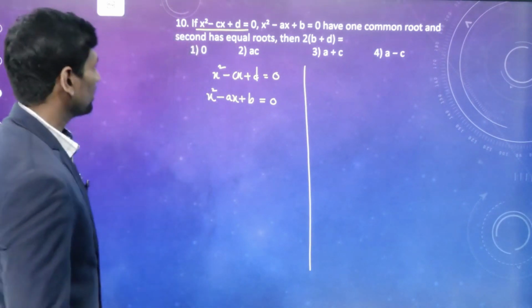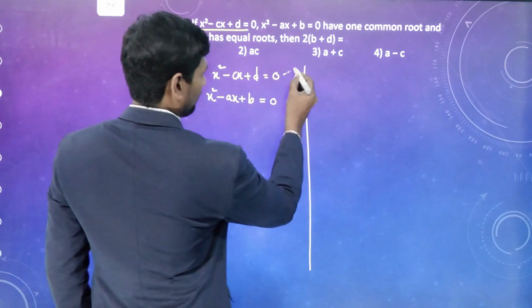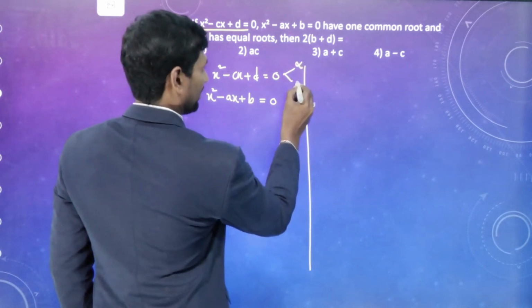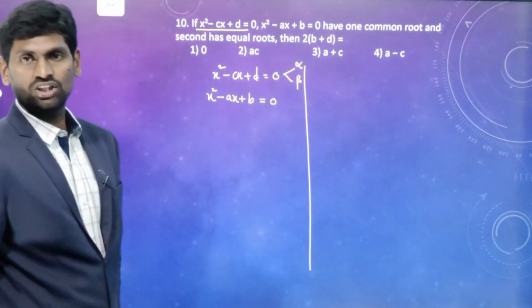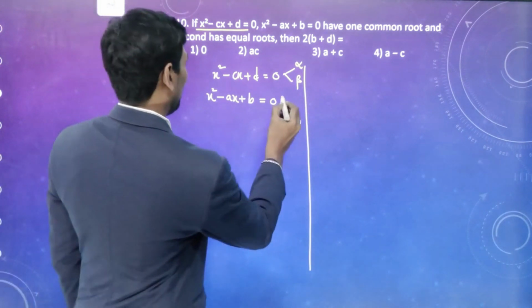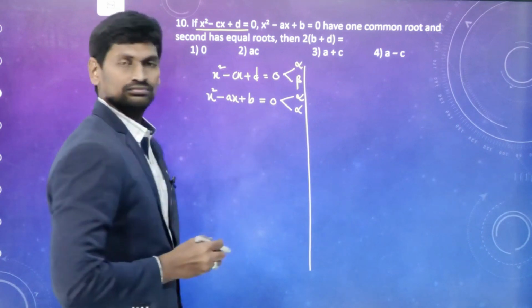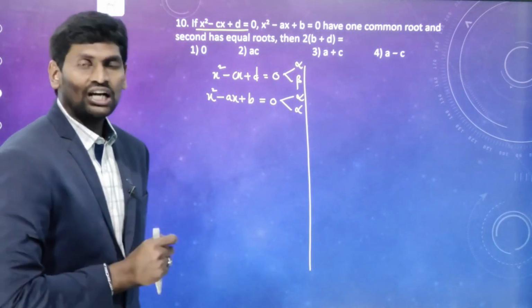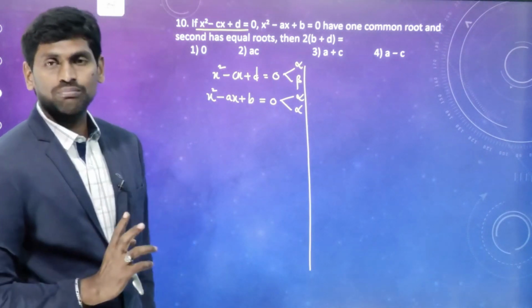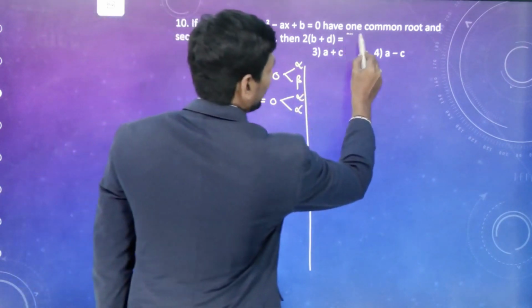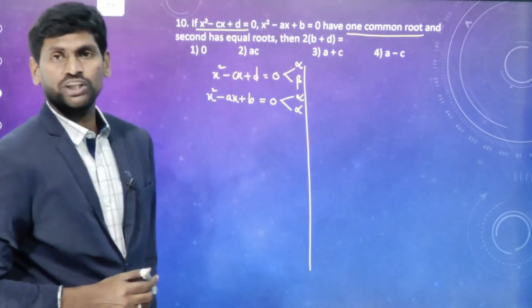That means the first equation has the roots alpha, beta, two different roots, and the second one has equal roots alpha and alpha. Both we should take alpha or both we should take beta, because there is one common root among the two equations.